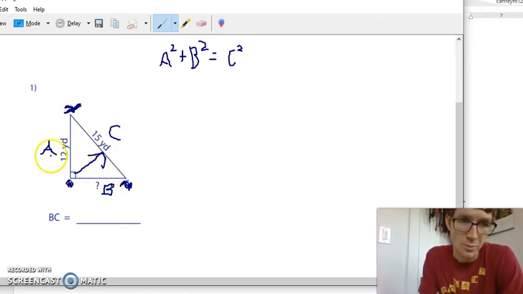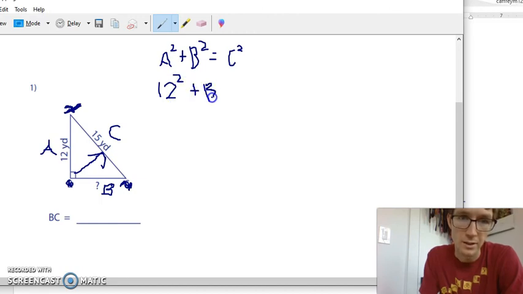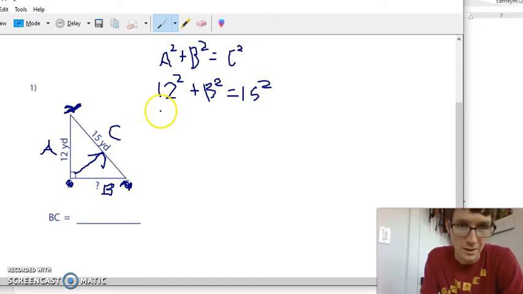So let's plug all this information into the equation. We've got 12 squared for A squared plus B squared equals C squared, so that's 15 squared. So what's 12 times 12? That's 144.